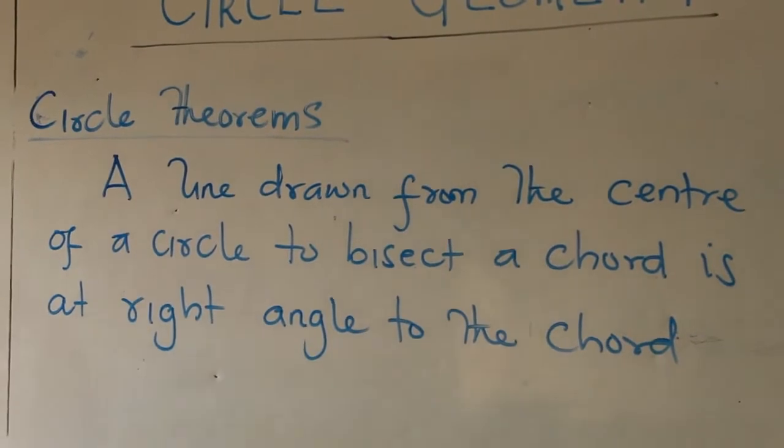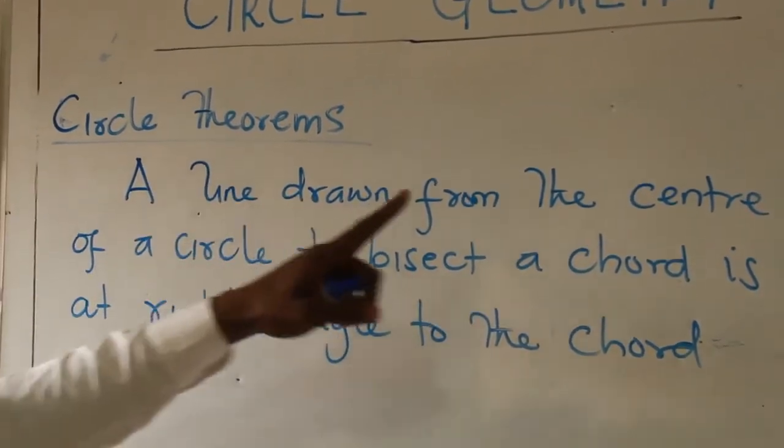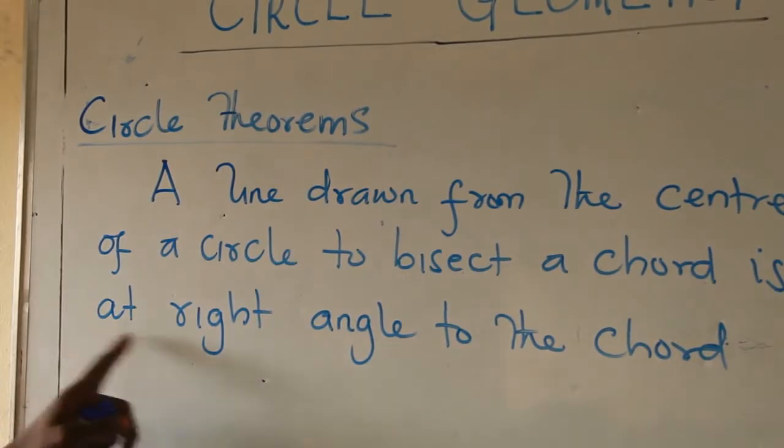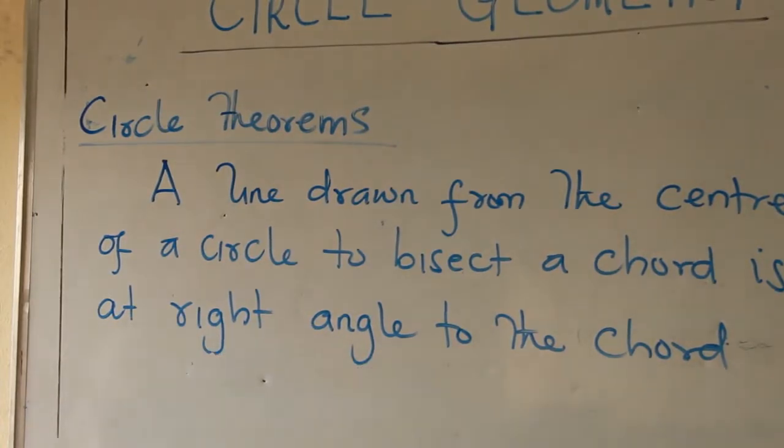So I'll just read that to you. A line drawn from the center of a circle to bisect a chord is at right angle to the chord.